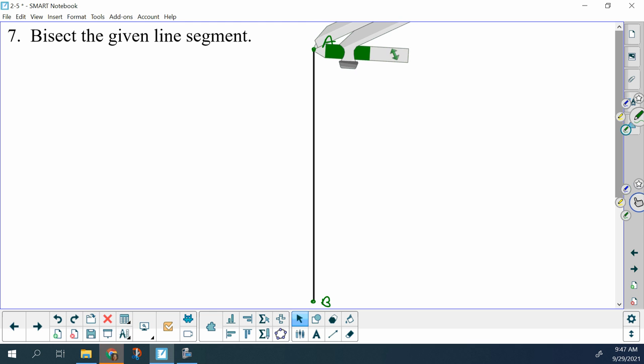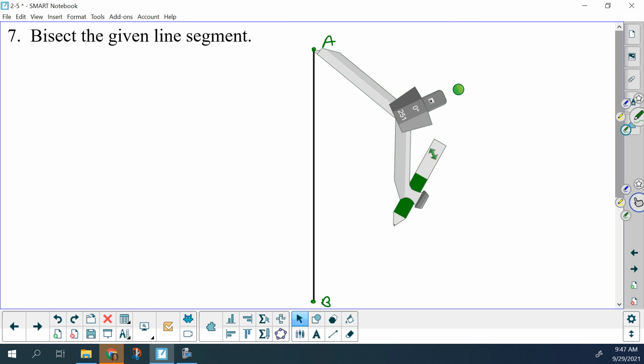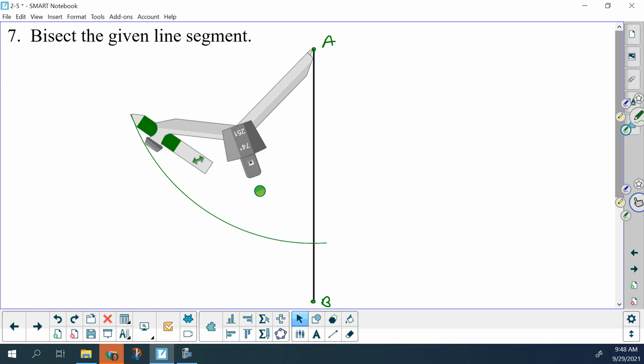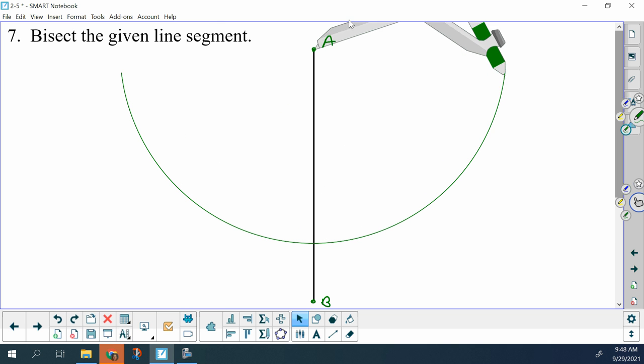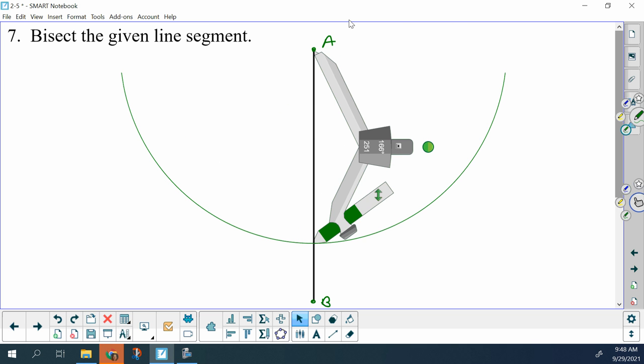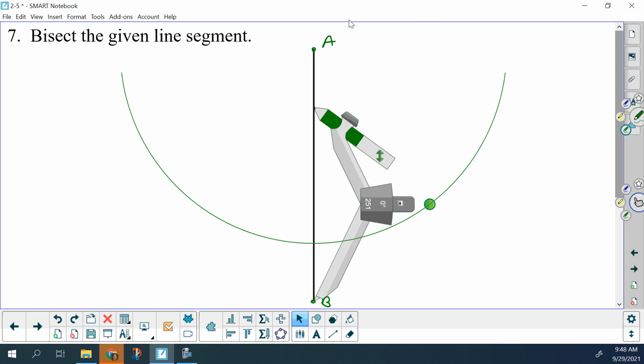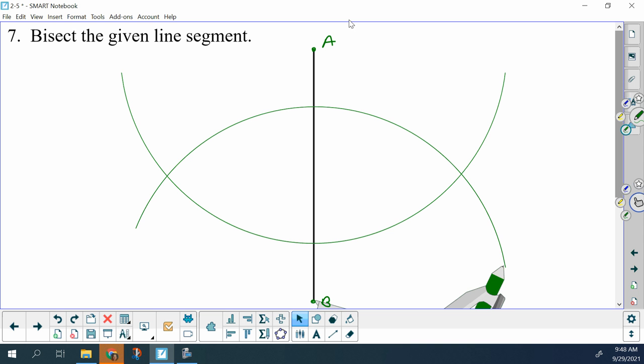Come on, compass. There we go. Open it more than halfway. Swing the semicircle. Do it again. Go down to B. Swing the semicircle. And connect.